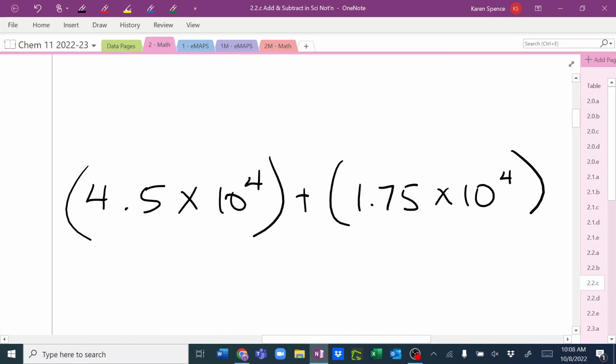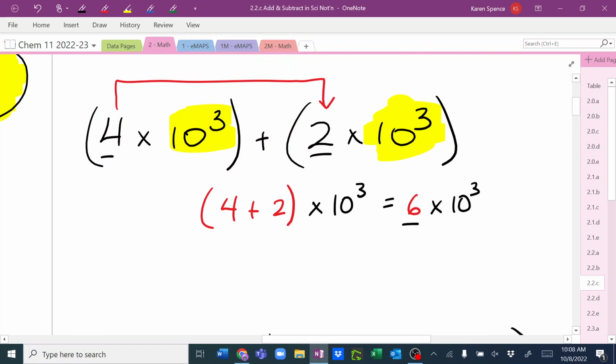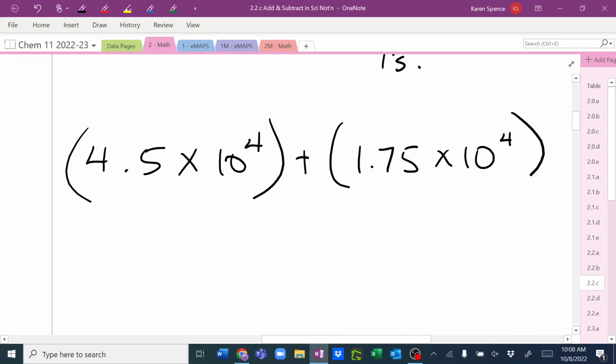Now, I said that wrong. 4 is the uncertain digit, 2 is the uncertain digit, and that means that our uncertain digits are in the ones position, because of course when we're adding and subtracting, we're not looking at number of sig figs, we're looking at which position is the uncertain position. So we have the ones position, and then this is the ones position here. All right, so let us add these 2 numbers.